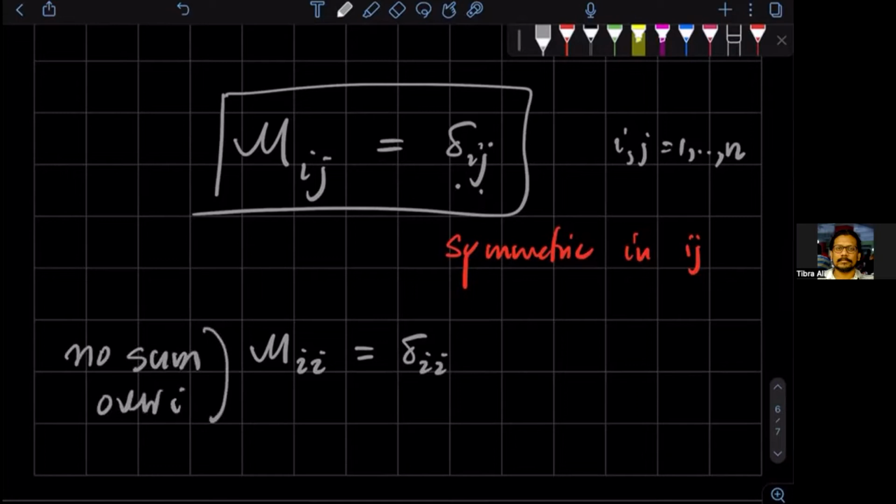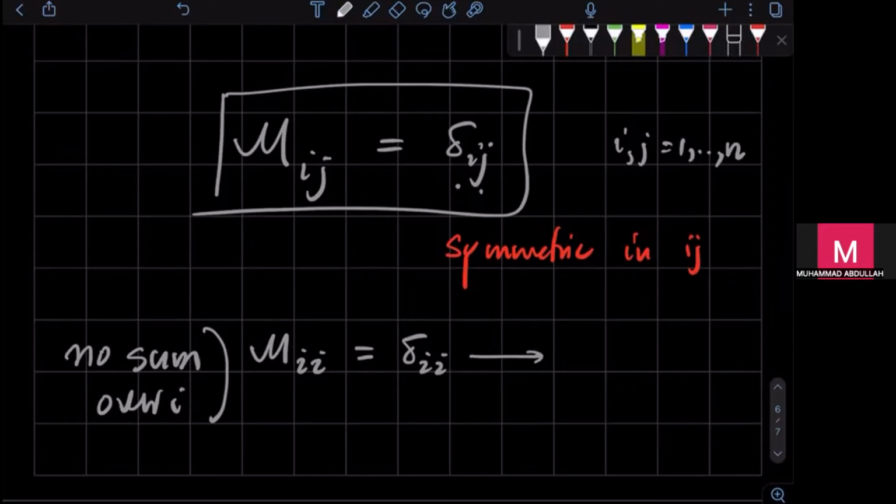Okay, so how many equations are there of this form? How many values does i take? n.